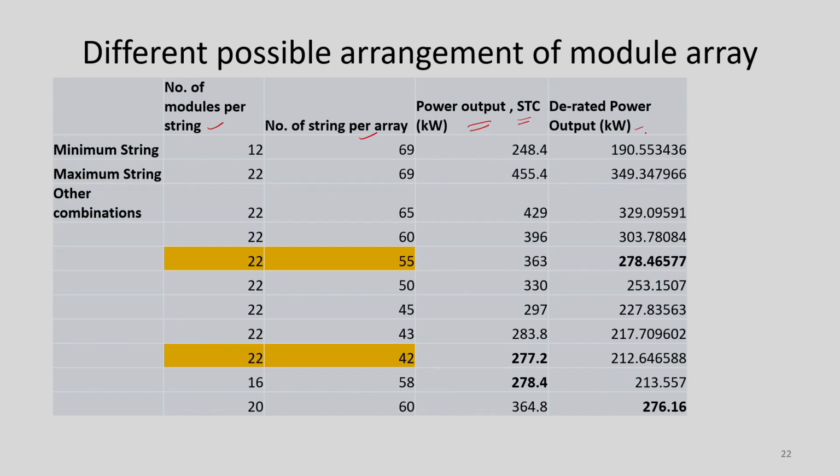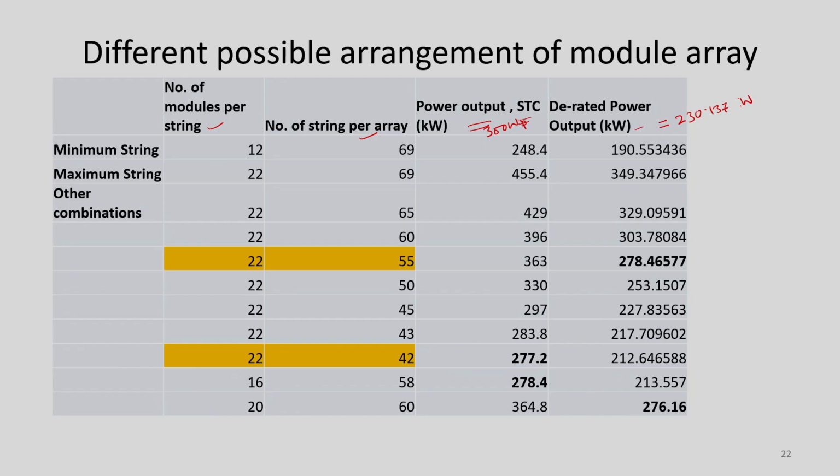When derating factors like manufacturing tolerances, temperature and dirt are considered, the rated power output is about 230.137 watt, and for standard test condition it is 300 watt peak.